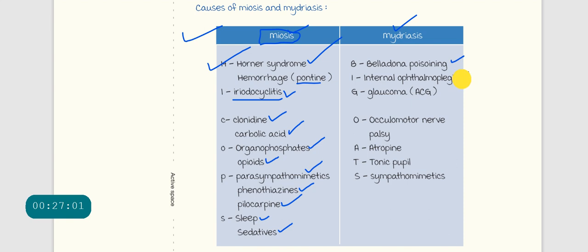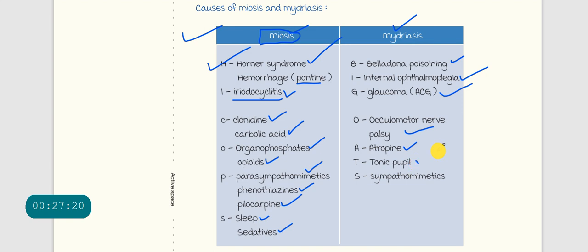In atropine use, tonic pupils, and sympathomimetic drug use, there is mydriasis. So in all such conditions, or by the application of such things, we can see miosis and mydriasis.